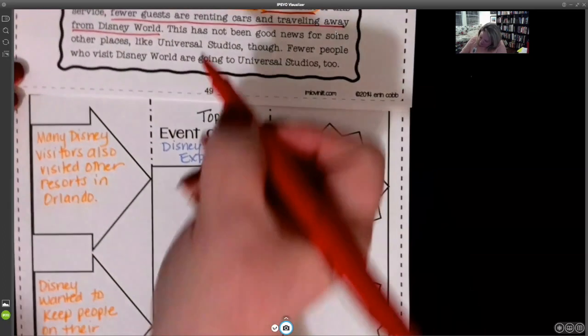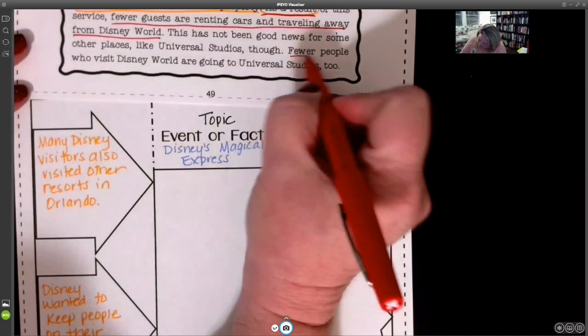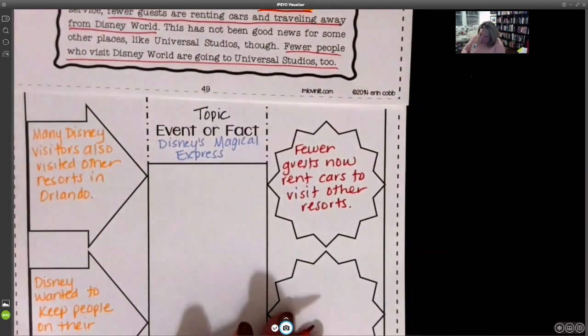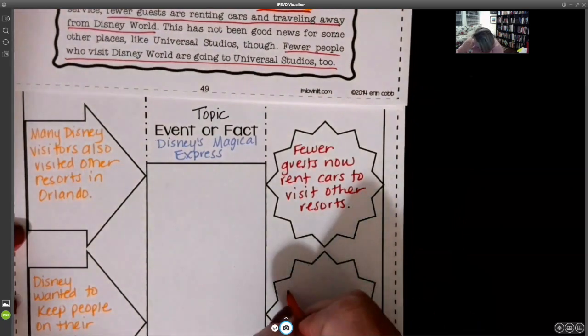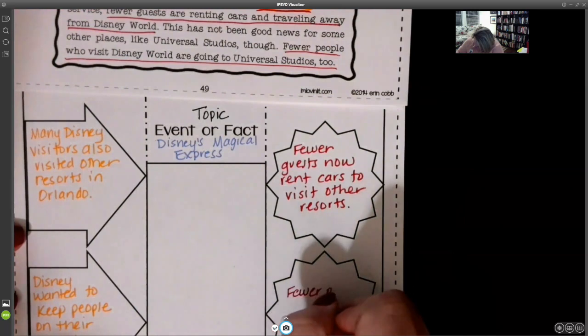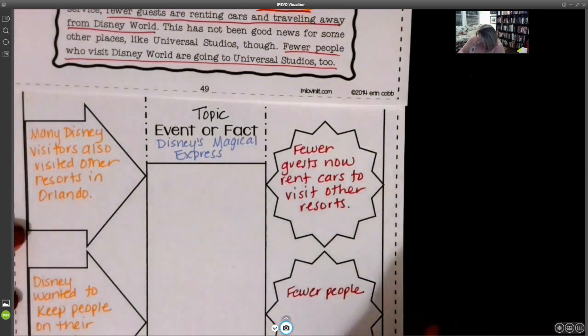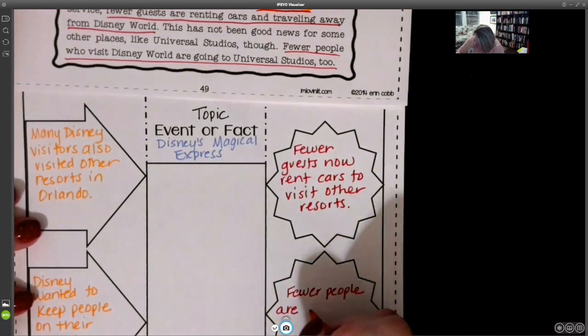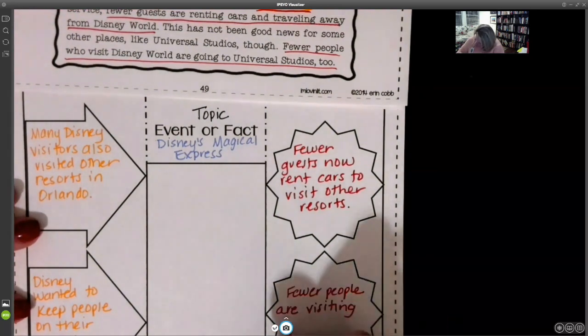So I think this is going to be another one of my effects, is fewer people are visiting, I'm trying to think of what I want to say, Universal.